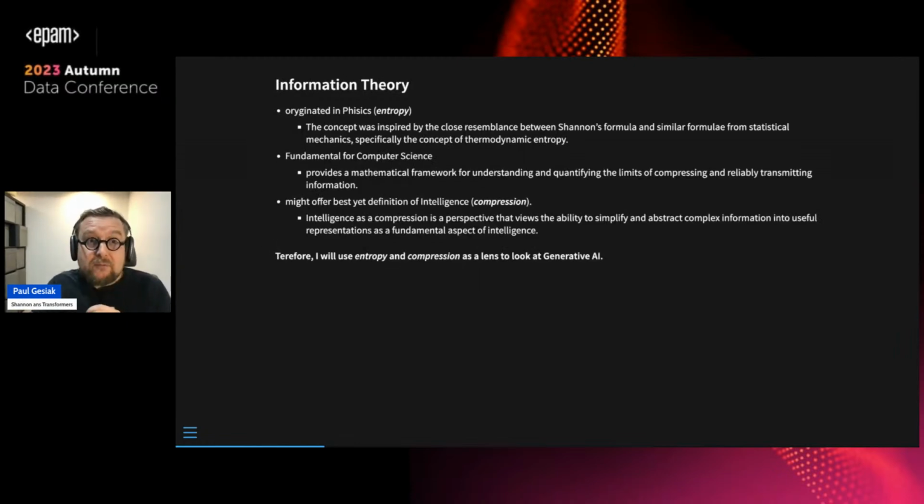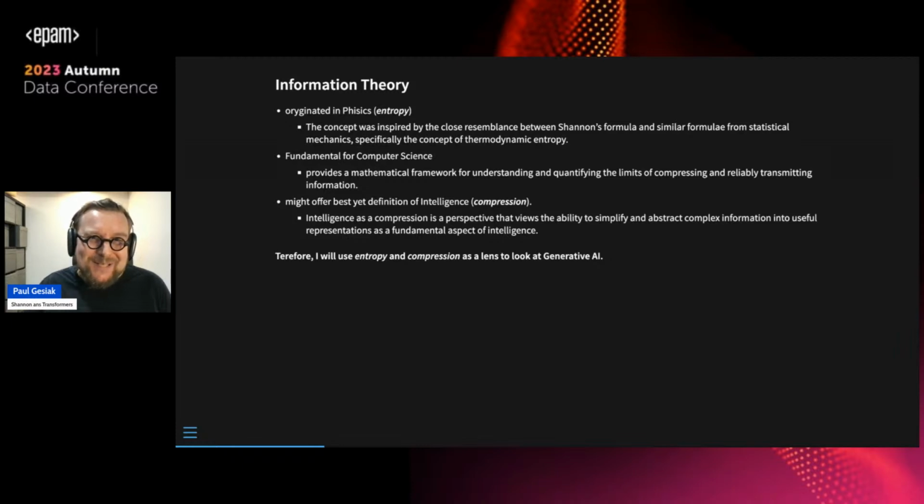So why is information theory, for me, the most useful lens? It comes from physics, from entropy. Obviously, entropy in information and entropy in physics are very different things. Nevertheless, the equation for entropy in information theory, called Shannon's equation, was very similar to the entropy equations from physics.